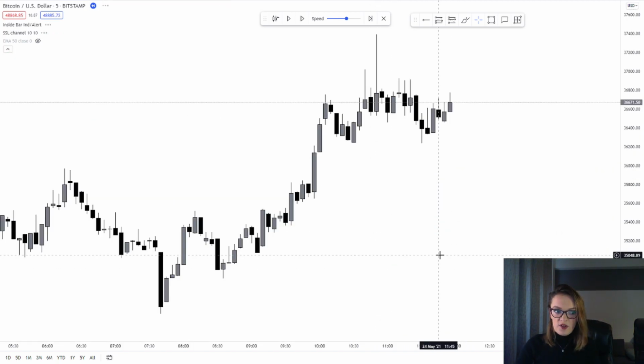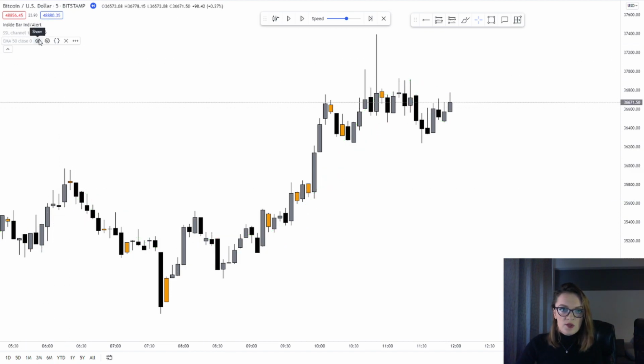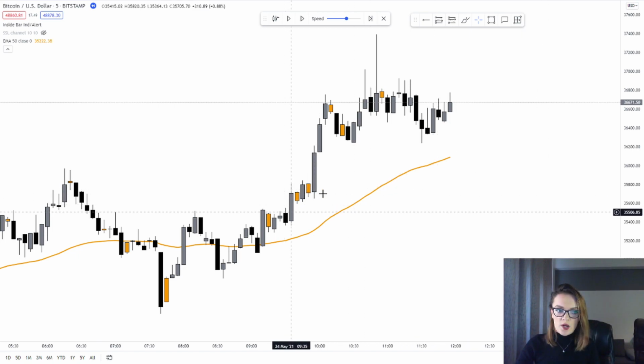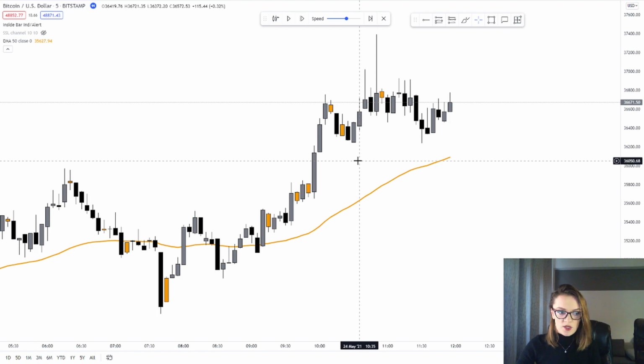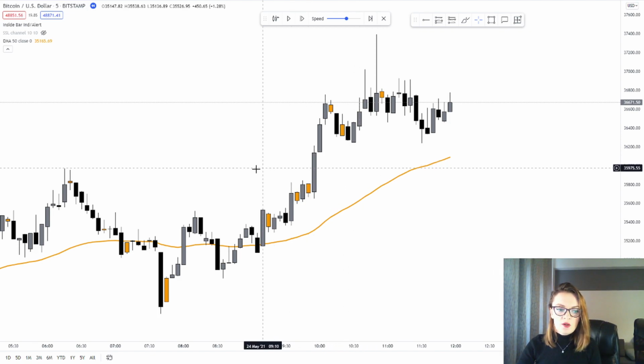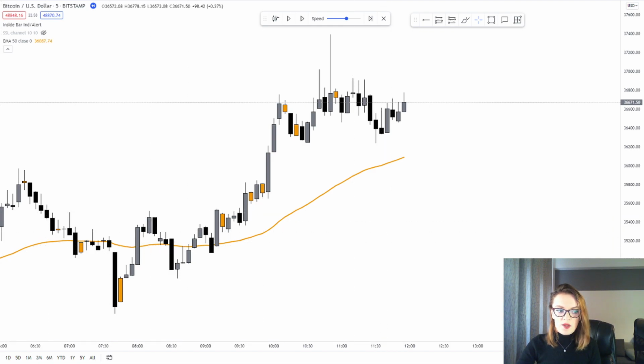Let's go on the 5 minutes chart, and here I will hide the SSL channel, and I will use only the 50 EMA. Now as we can see, the price is above the 50 EMA and is going nice to the upside. For the entry signal, we will wait for the price to retest the 50 EMA, so let's find an instance.